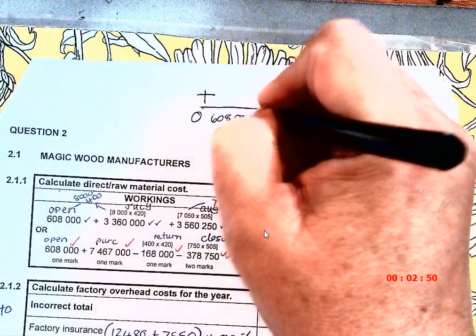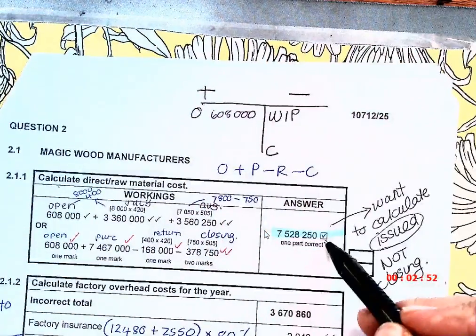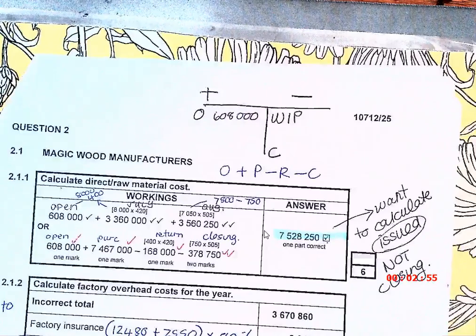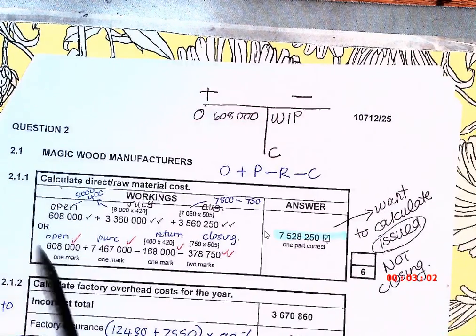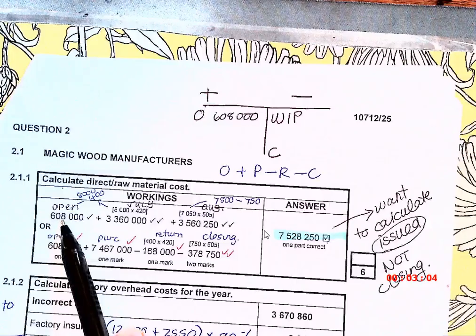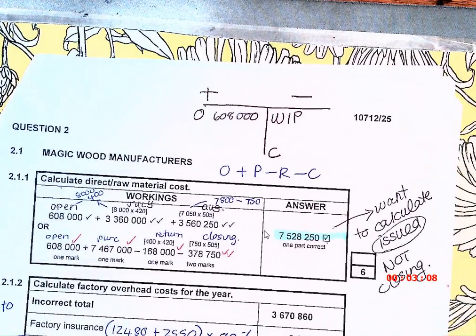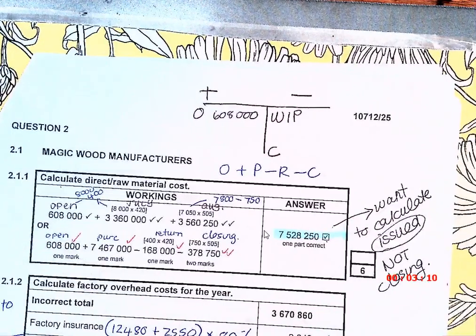And remember, the principal mark is always if you have at least one figure plus one calculation right. So if you say 608, which was straightforward, plus anything wrong, you already got that mark as well.